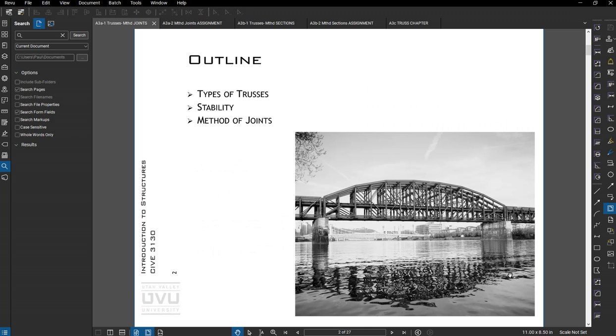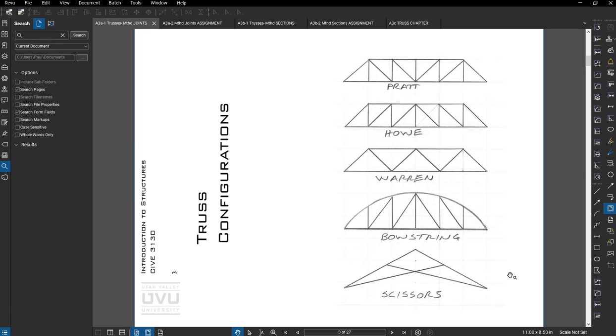So we'll talk about different types of trusses. There's pretty much as many types as there are imaginations. One of the cool things about the bowstring is for a simple span, uniform line load, the bowstring is the shape of the moment diagram. Kind of cool. All right.